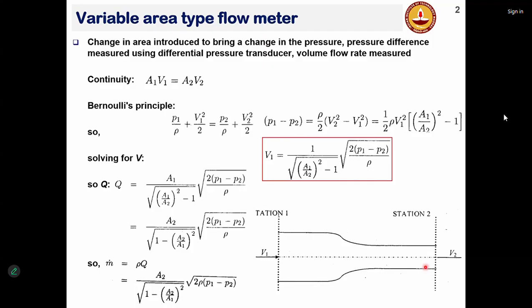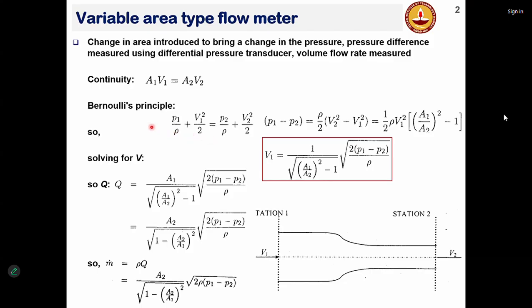You can just stick it in, and horizontal, the datum here at station 1 and 2 will be equal. But if it is a vertical pipe, then you have to have basically 2 90-degree bends and you can still introduce this variable area type flow meter in a horizontal configuration, so that your station 1, station 2 datum head are going to be the same.